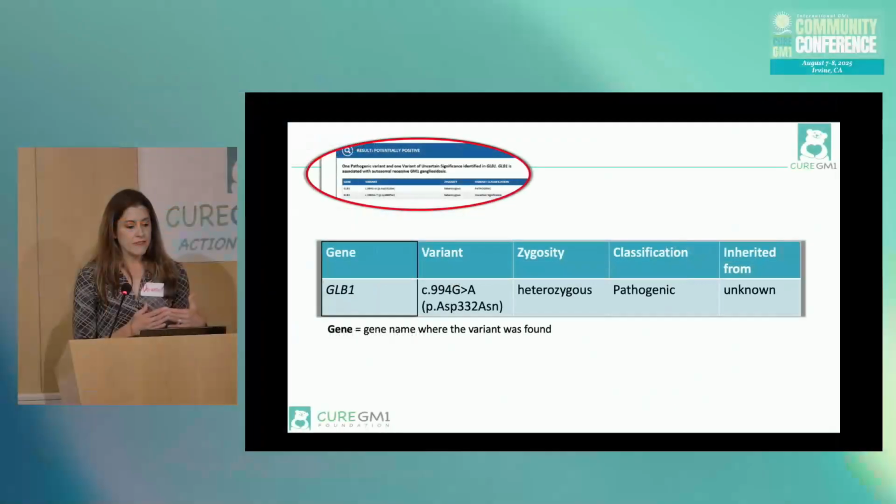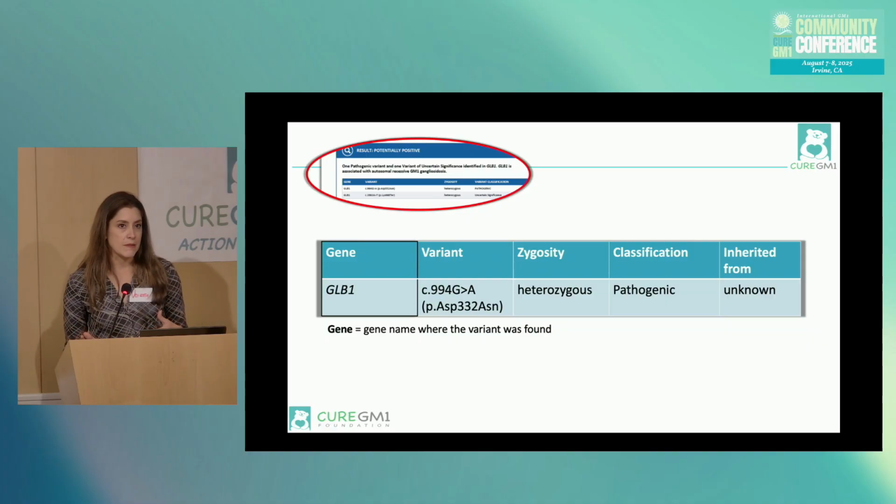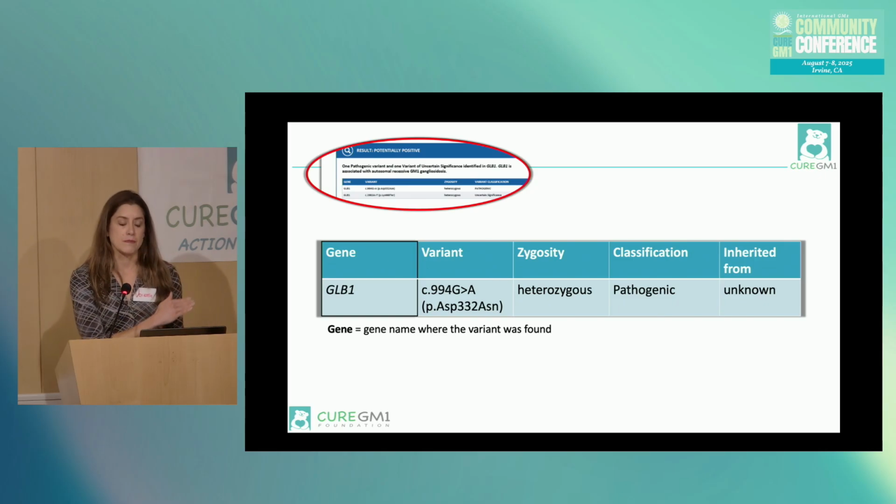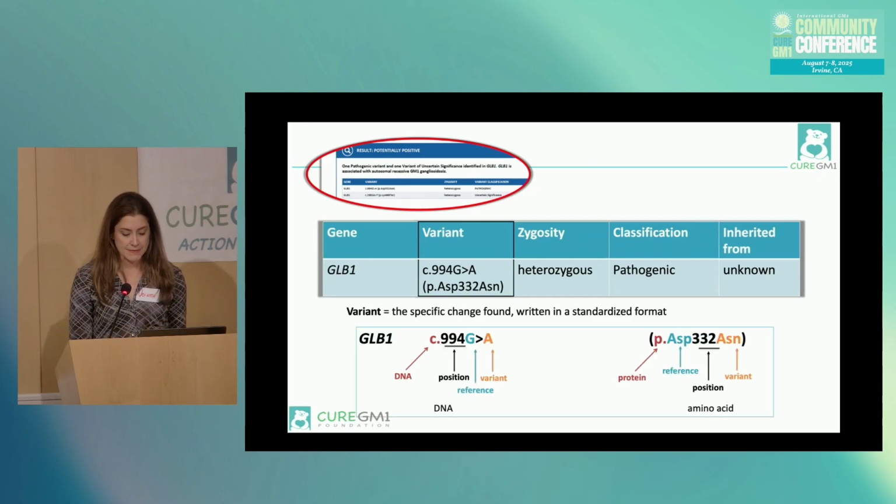So you can see here first, we'll talk about the gene. Again, we heard earlier, GLB1 is the name of the gene associated with GM1. If other genes are tested, they will also be listed on that same test result with their gene acronym listed. You can see here an example of a variant. And I've kind of tried to color code this. So typically, the variant's going to be listed in both the DNA or coding nomenclature, as well as the protein nomenclature.